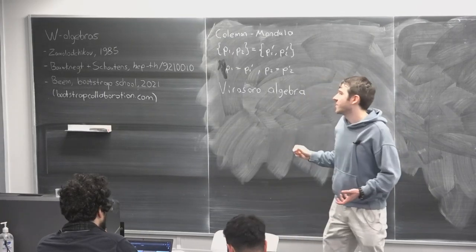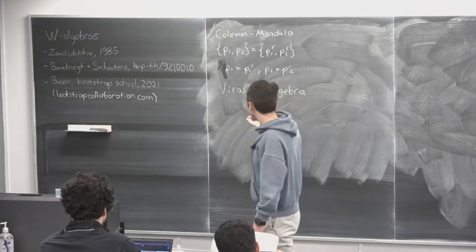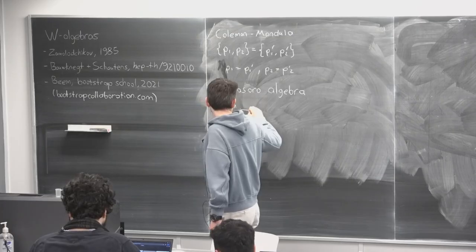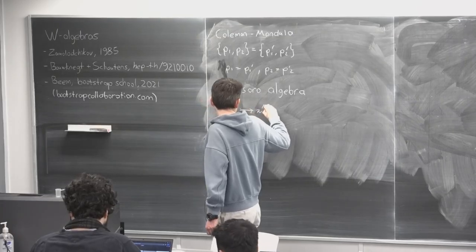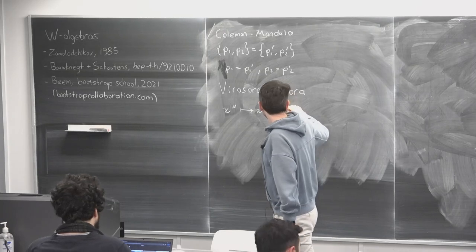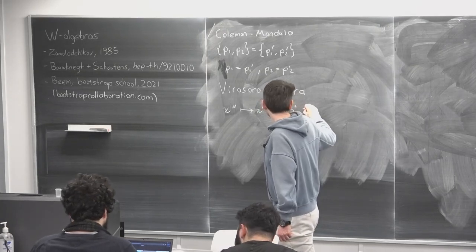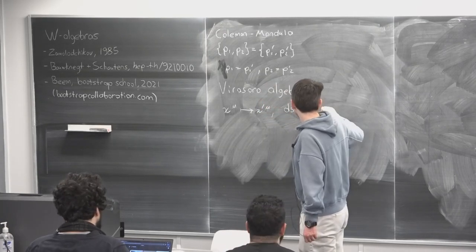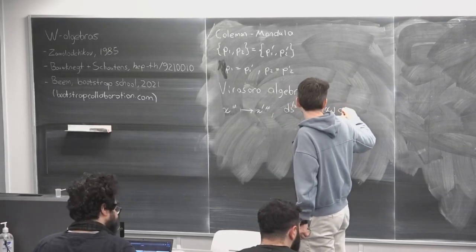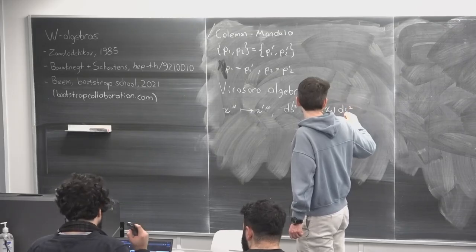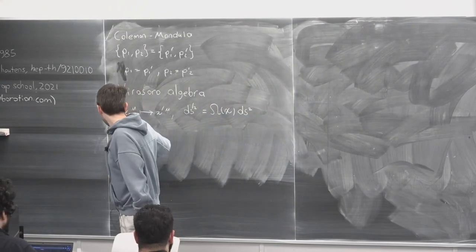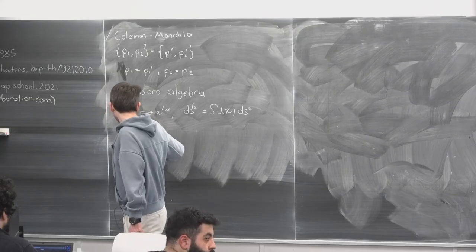So a conformal transformation is a map from some coordinates which preserves angle. And what that means is that the line element is preserved up to some function of the coordinates. And in everything I discuss, the line element is going to be the Euclidean metric on flat space.